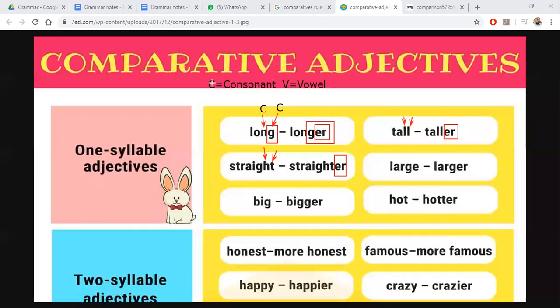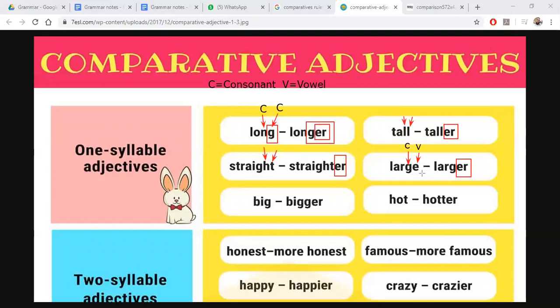Now, we have consonant and vowel. We do the same thing. We repeat the action. We add er.